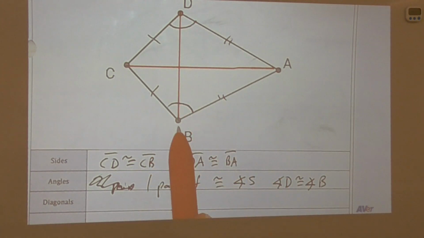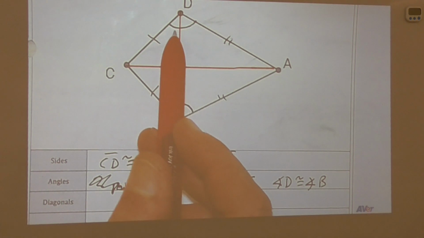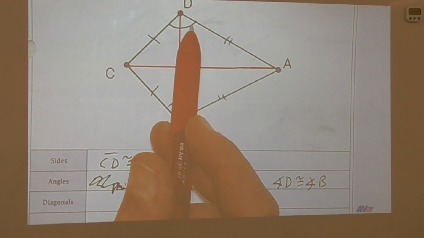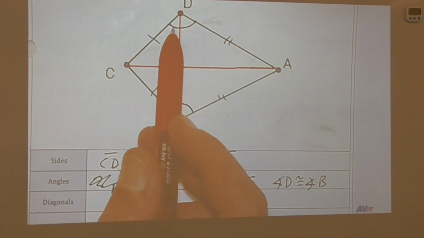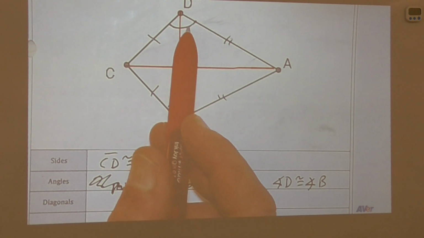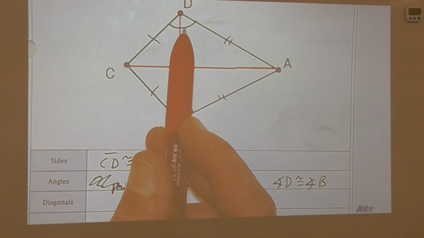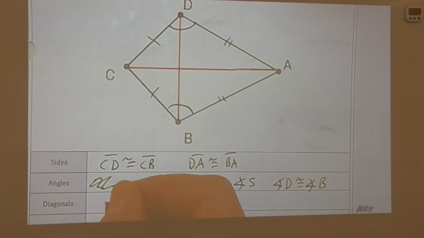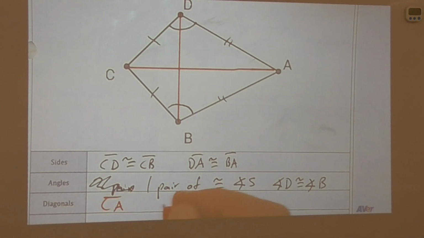This diagonal does not bisect angle B, does not bisect angle D. This angle is not congruent to this angle. So our diagonals CA and BD are not congruent to each other.